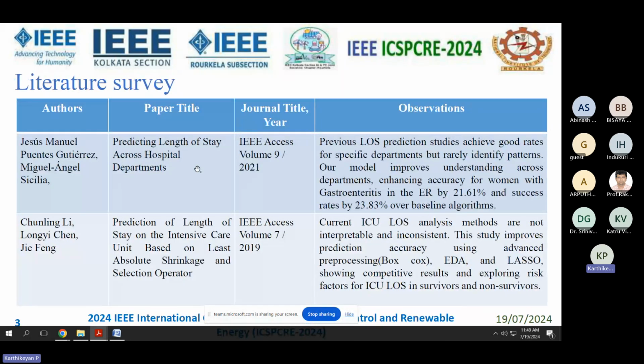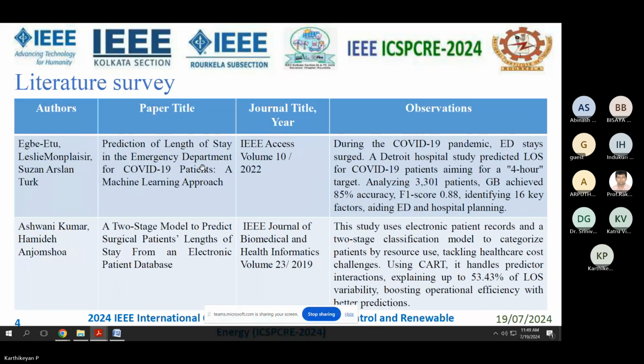Next paper is prediction of length of stay in emergency department in COVID-19. In COVID situation, lots of patients came to hospital, so at that time we faced lots of issues. In this paper, they focus on using every patient's medical parameters to identify a threshold.